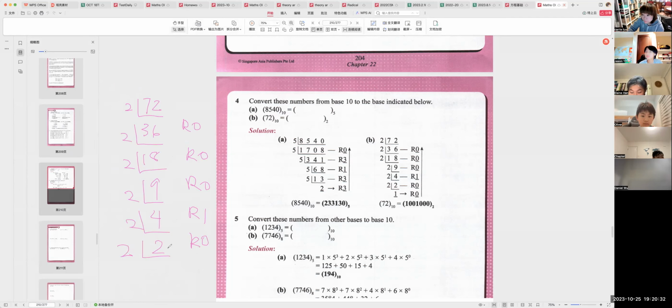You still need to do it again. You need to make sure that the number left at the end is smaller than the base number. Then you can stop. Some kids say I stopped at 2, no, you have to keep going. So the answer is 1 0 0 1 0 0 0.